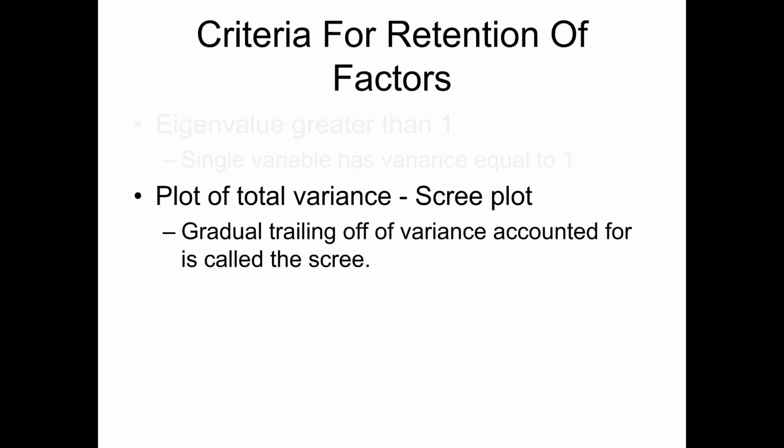Another way we can determine how many factors to extract is to look at the scree plot. A scree plot is a plot of the eigenvalues, and scree is the small little rocks at the bottom of a mountain or a cliff. Supposedly, where the scree starts is where you should cut off your factor structure.